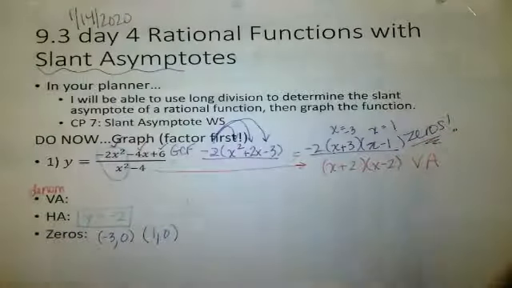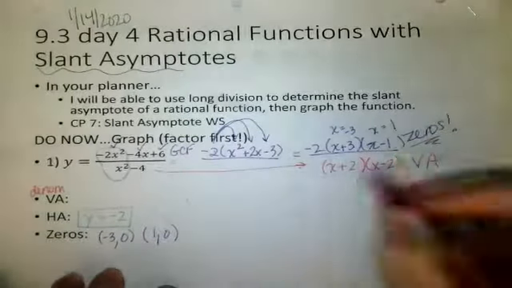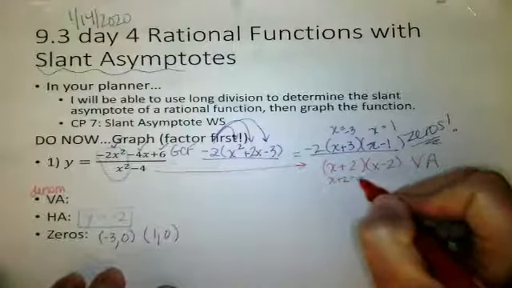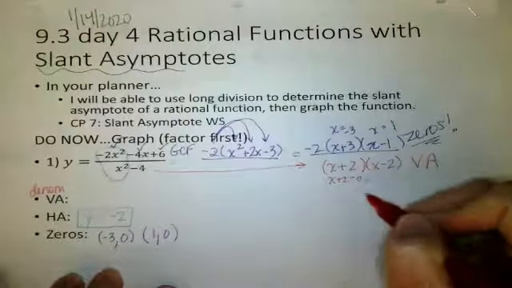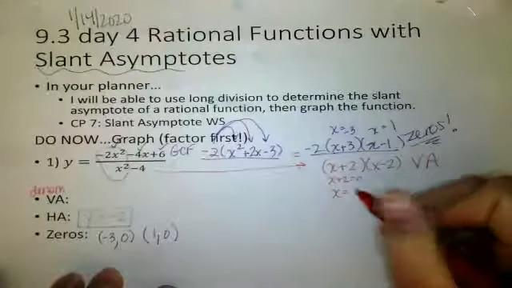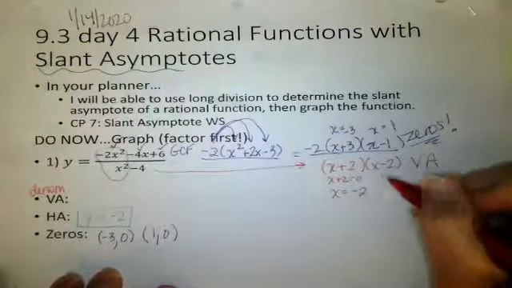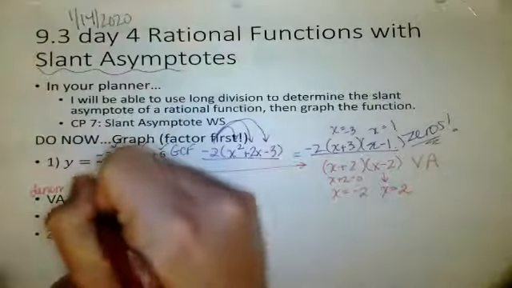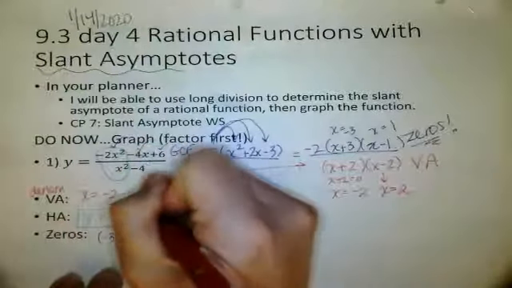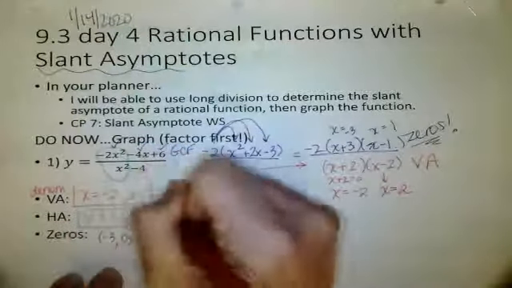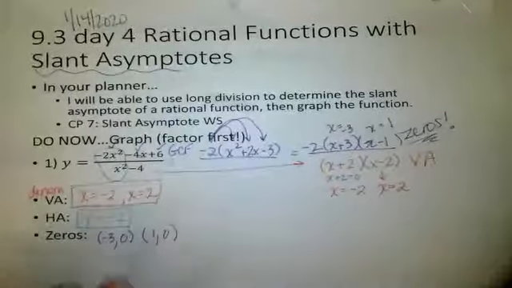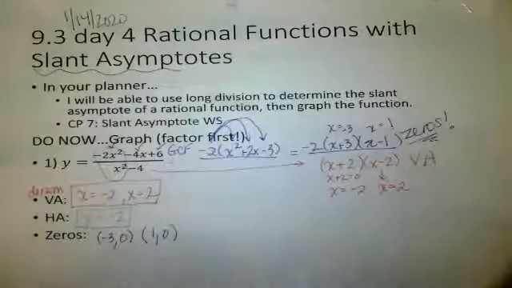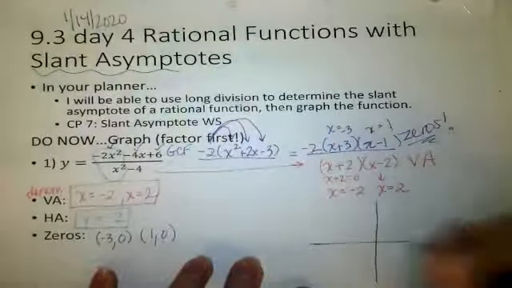All right. Okay, and those give me the vertical asymptotes. So again, that comes just from solving each bubble. If x plus 2 equals 0, x equals negative 2, and here we get x equals positive 2. So x equals negative 2 and x equals positive 2. These are our asymptotes.